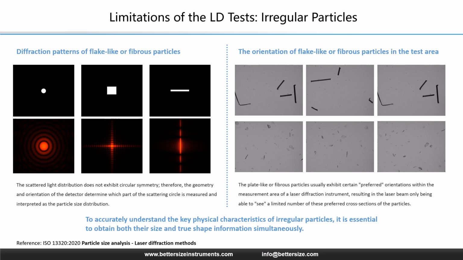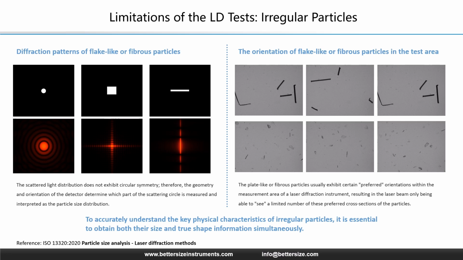Second, consider flake-like particles. These tend to orient themselves with their largest surface area facing the beam. This causes the instrument to capture an equivalent projection that biases the result toward a large size while losing critical shape information.